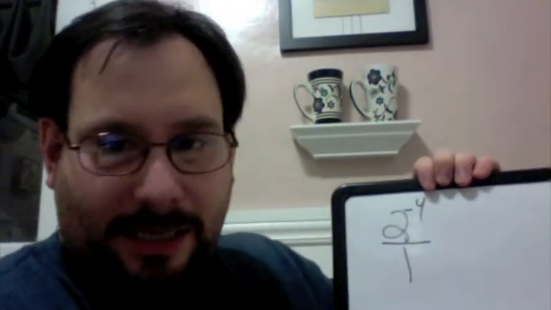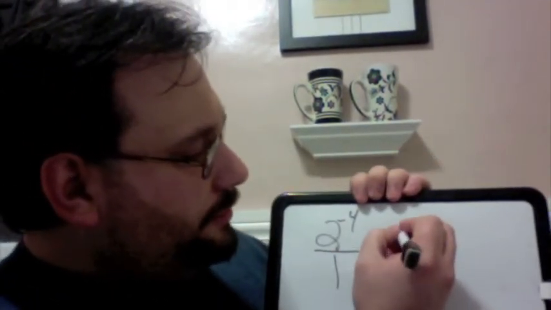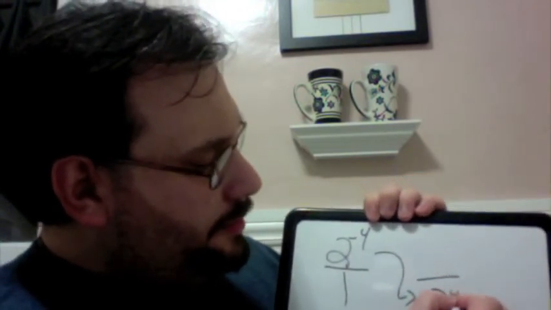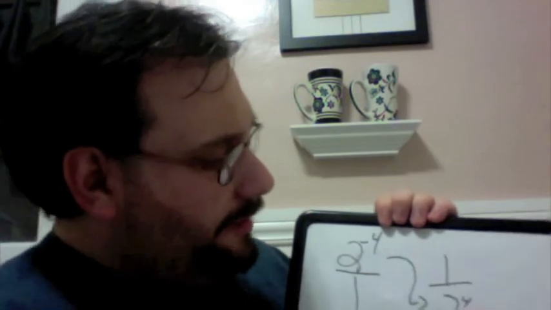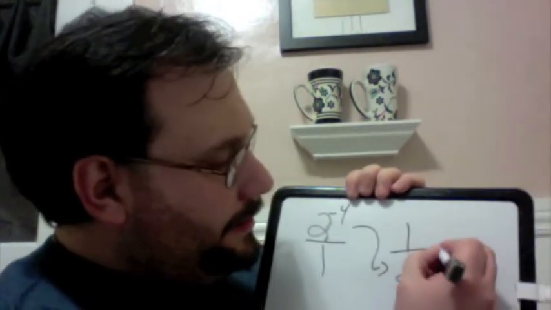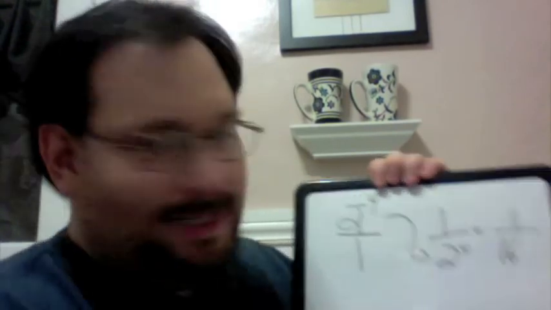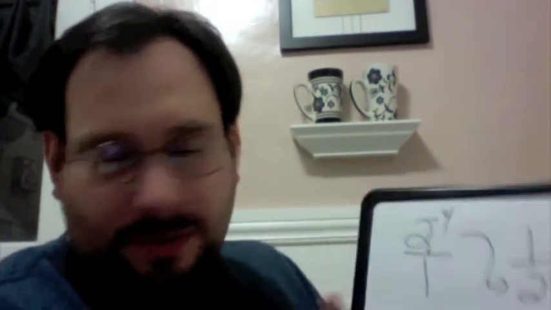So, since that's a negative up there, you just move that from here down to the denominator. And since when you move it, there's nothing left, keep that 1 up there. And 2 to the 4th, well, 2 times 2 is 4, times 2 is 8, times 2 is 16, so 1/16.